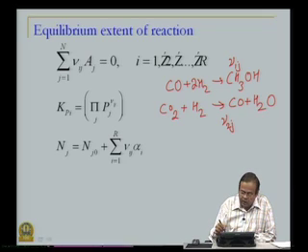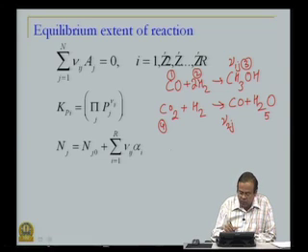So, we can write the equilibrium condition as follows. Let us define these species as 1, 2, 3, 4 and let us say this is the fifth one. So, what is my first reaction? My first reaction is A3 minus A1 minus 2A2 equal to 0.